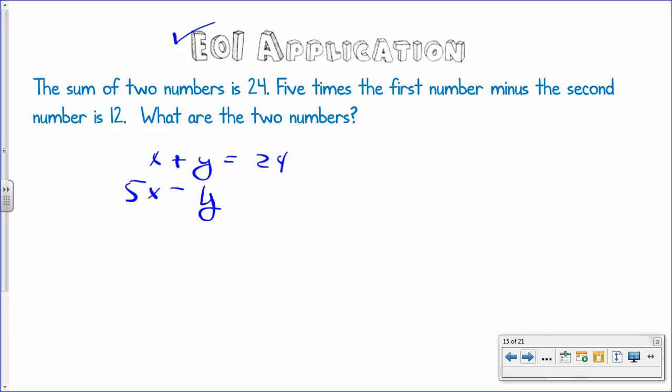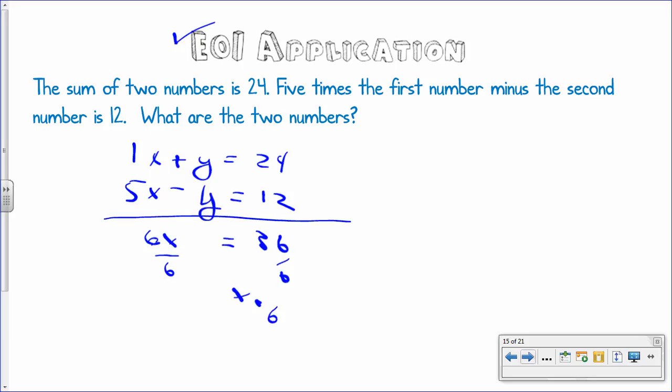Do I have opposites? Which one? Y. So that would be X, equals 30, 5x equals 30, X equals 6.